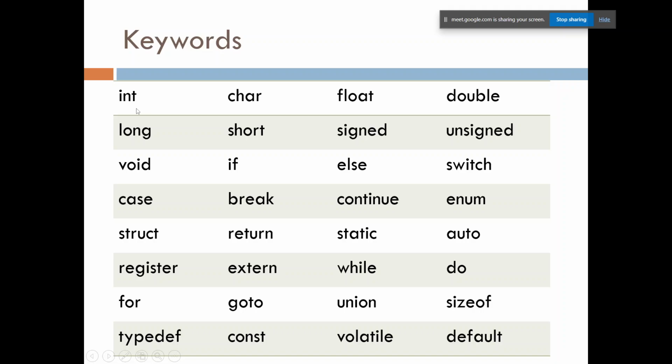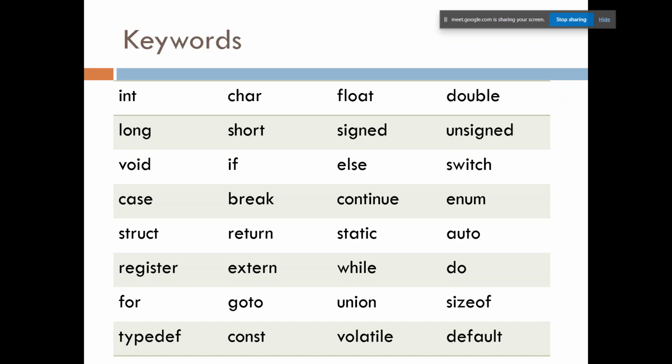If you write int, the compiler will understand it as an integer. Same way for character, you need not write CHARACTER like that. If you say char, it will understand automatically. So that is how keywords are defined in C language. Keywords are nothing but reserved words which are understandable by the C language compiler. They have some special meaning and purpose.